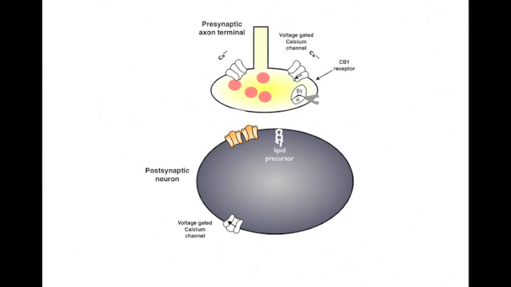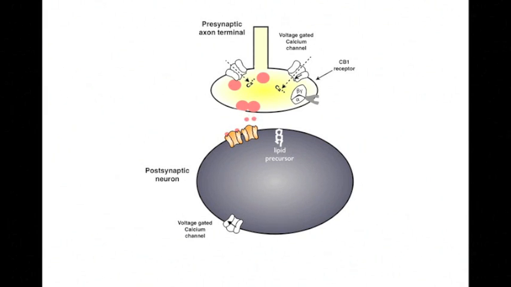Here is the basic operation and effect of endocannabinoid signaling. First, the action potential invades the axon terminal, causing the influx of calcium, which in turn causes the release of transmitter from vesicles.